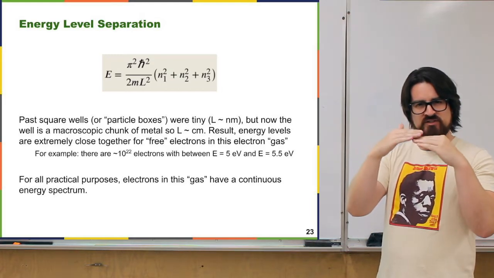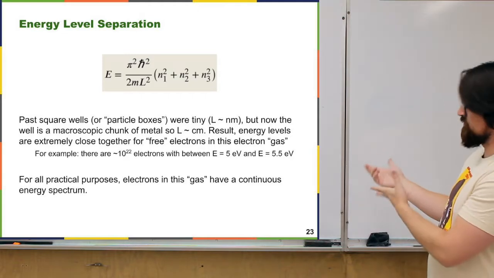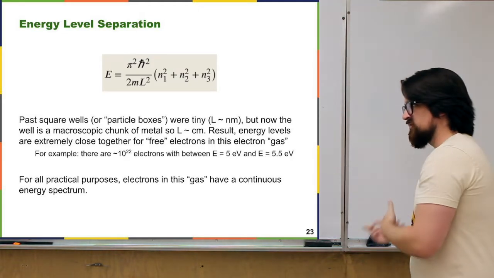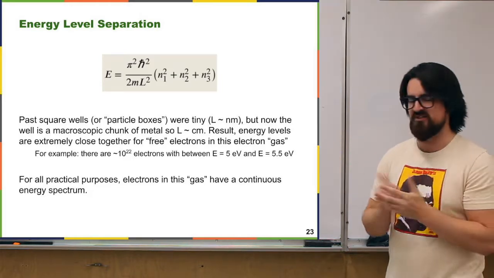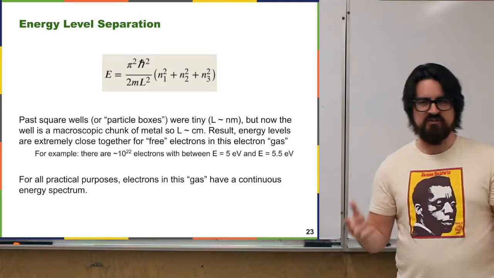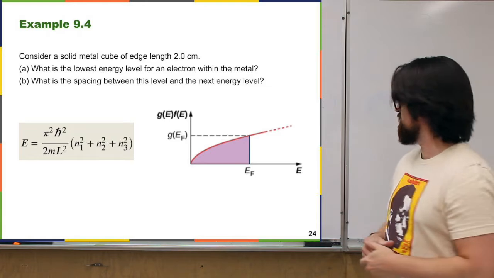The difference between energy levels is so tiny that it's essentially just a continuum. As an example, the number of energy states between 5 and 0.5 electron volts is approximately 10 to the 22nd. So for all practical purposes, the energy spectrum here is continuous. Do at least one example in this chapter here.